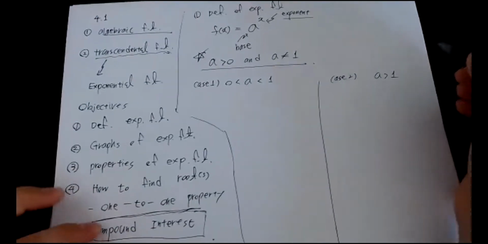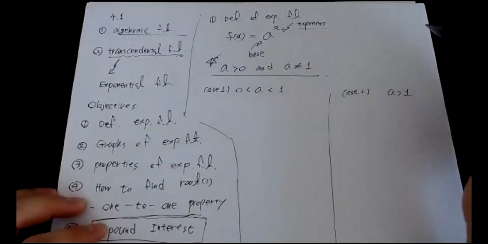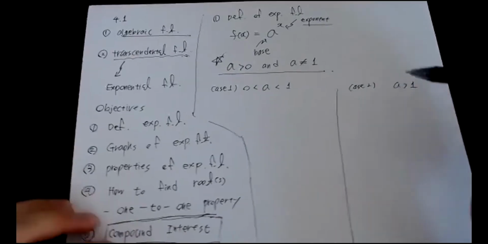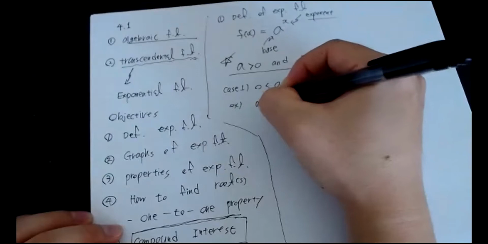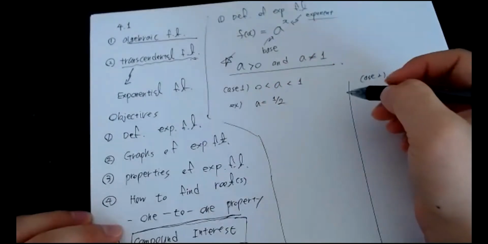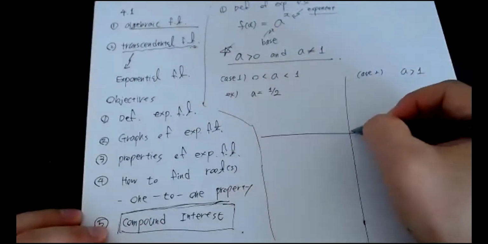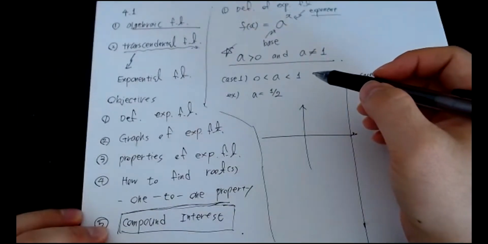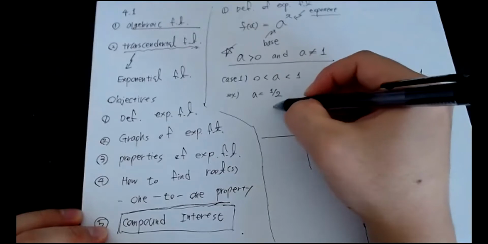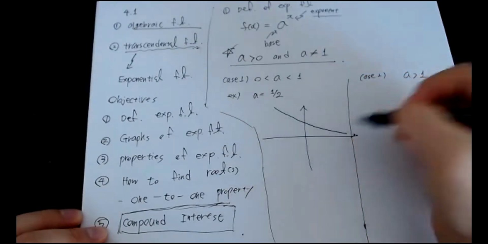Let's figure out the graph of the exponential function for each case. If a is between 0 and 1, for example, let's say a is 1/2, then the graph is like this.